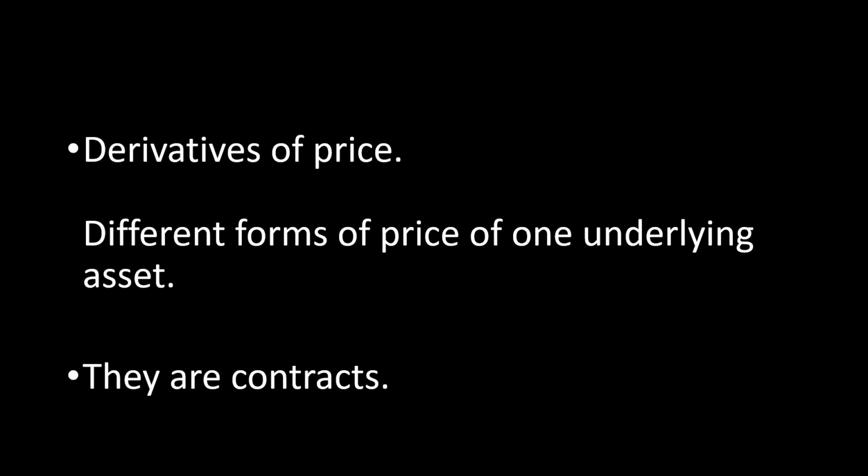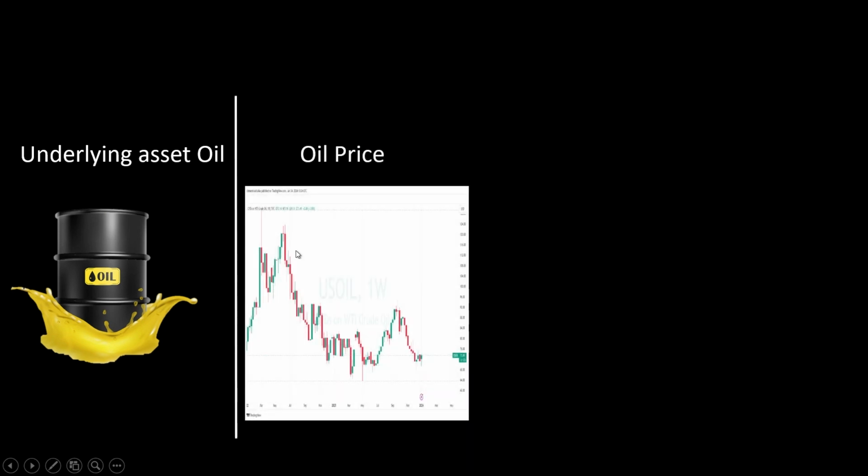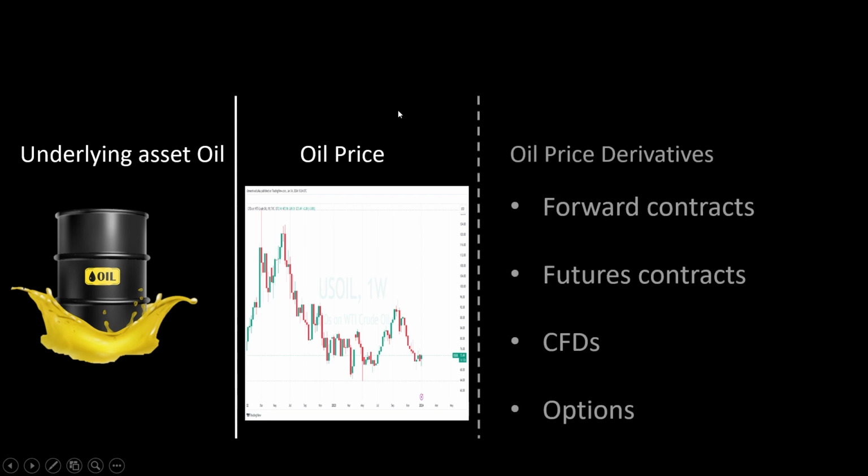They are contracts. There's oil. This is an example. Underlying asset, oil, and then there's the oil price. So you can see there's a clear line between oil as a commodity and the oil price, and then there are oil price derivatives.